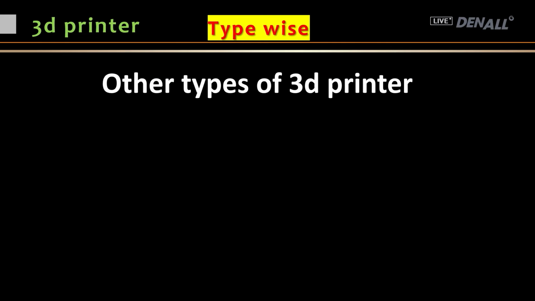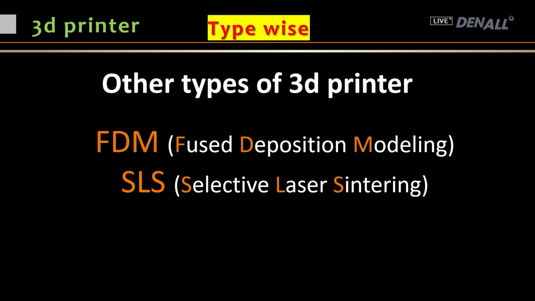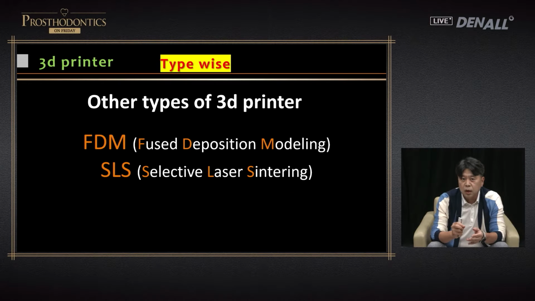Those three are the main types. Other than that, I hope you understand these two others, FDM, fused deposition modeling, and the other one is SLS, selective laser sintering. A metal object can be printed out by SLS type.